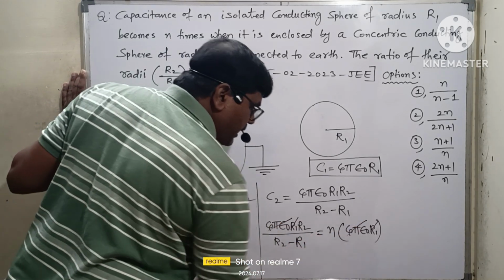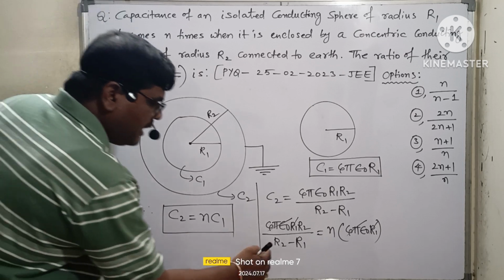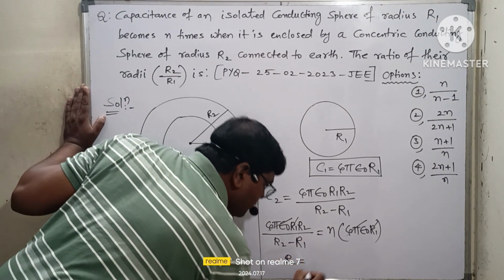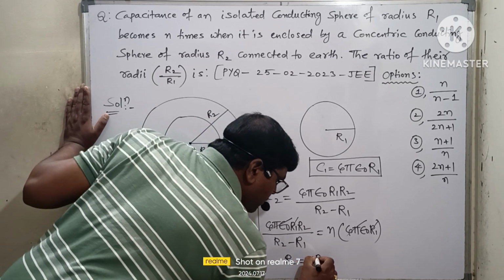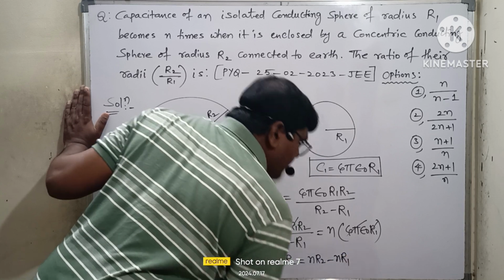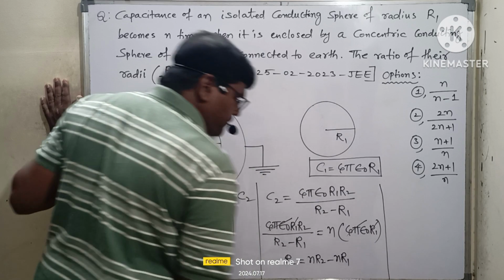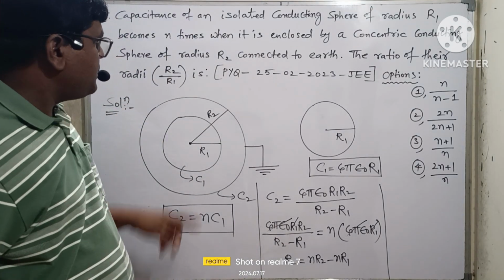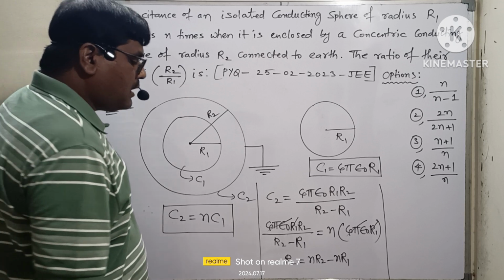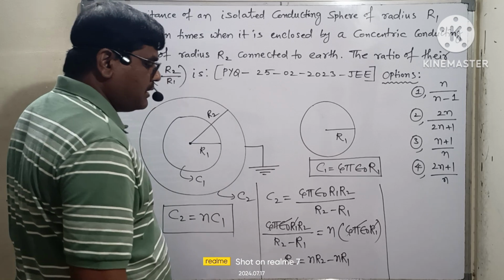R1 and R1 also cancel. Now we do the cross multiplication: R2 is equal to n into R2 minus n into R1. We have to find the value of R2 by R1. Now bring this to this side and that to the other side.